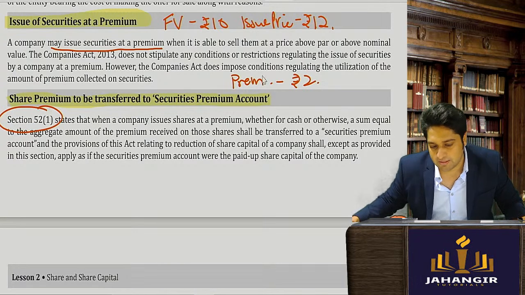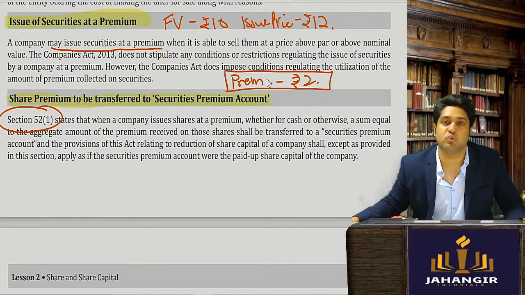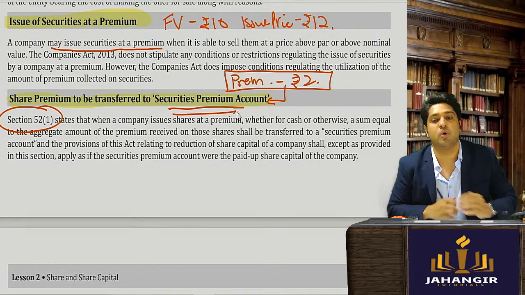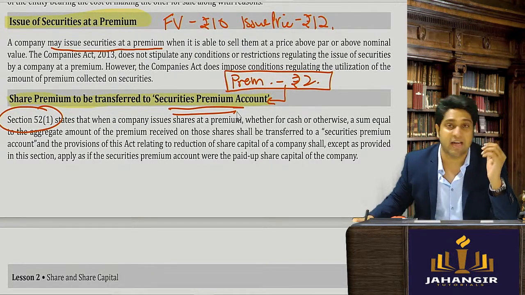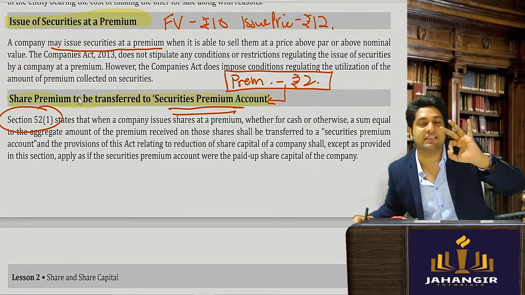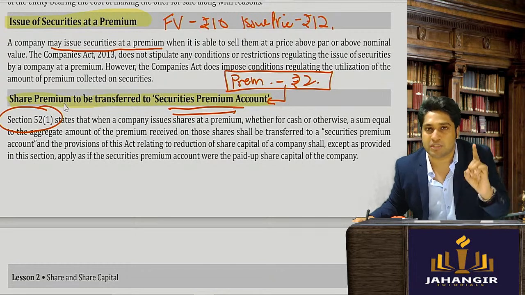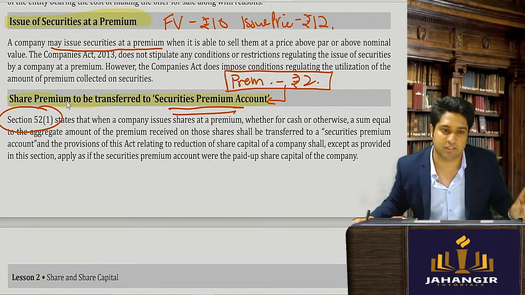But whenever they issue the shares at a premium, this premium amount has to go into a separate account called the security premium account. Very, very important, they ask in the exam also. There are 3 subsections and I want you to know all of them: section 52 subsection 1, subsection 2 and subsection 3.